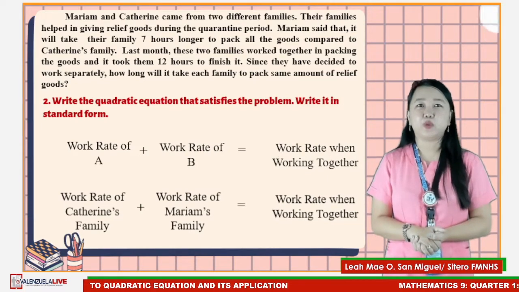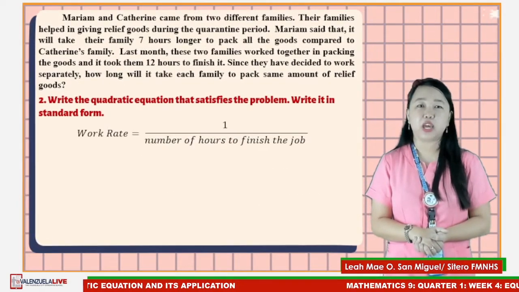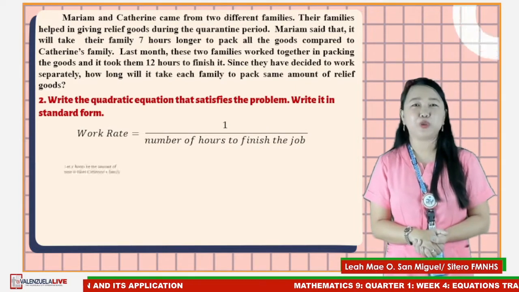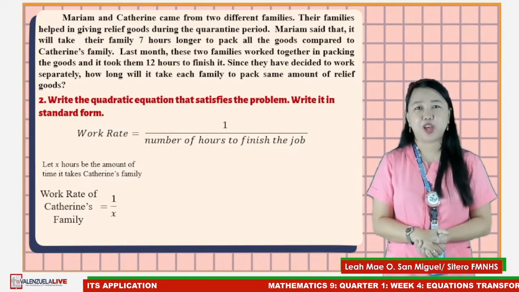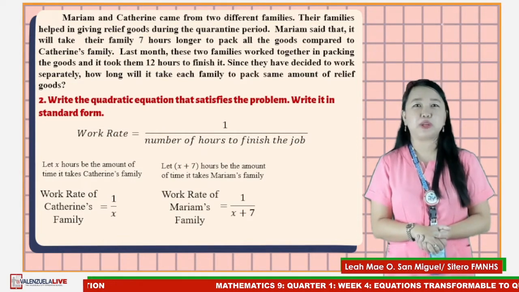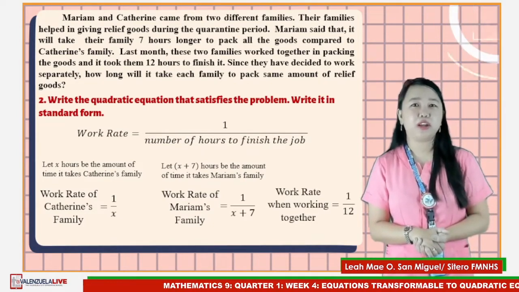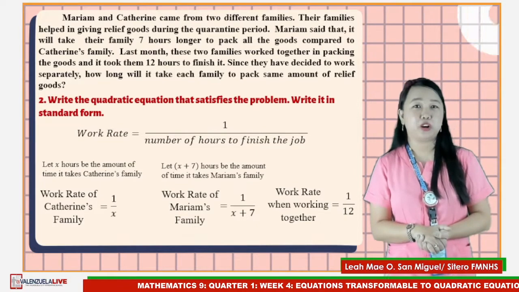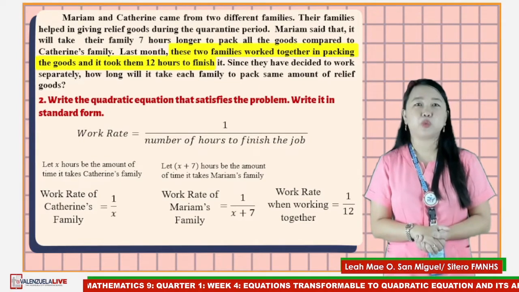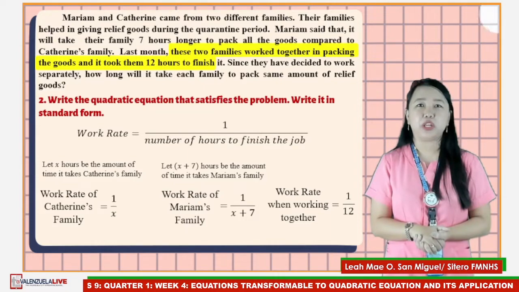Work rate is equal to 1 over number of hours to finish a job. Work rate of Catherine's family is equal to 1 over x. Work rate of Mariam's family is equal to 1 over x plus 7. And work rate when working together is equal to 1 over 12, because, based on the problem, last month, these two families worked together in packing the goods and it took them 12 hours to finish it.